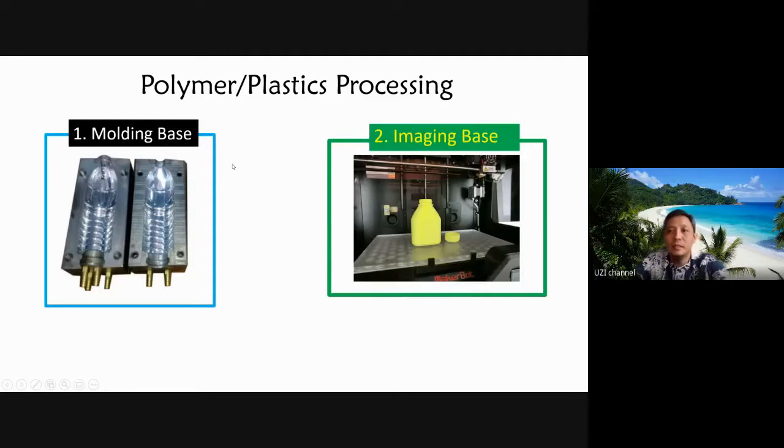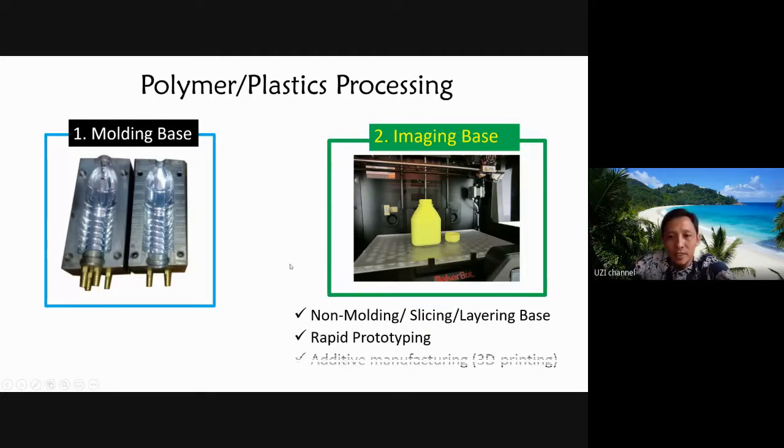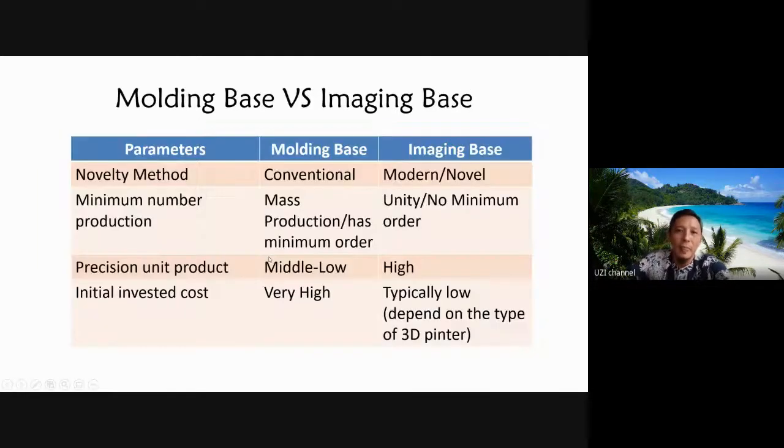The other one is the imaging base of polymer or plastic processing. The imaging base can be called non-molding, slicing, or layering, and also rapid prototyping, additive manufacturing. We commonly say it as 3D printing of polymer processing materials.